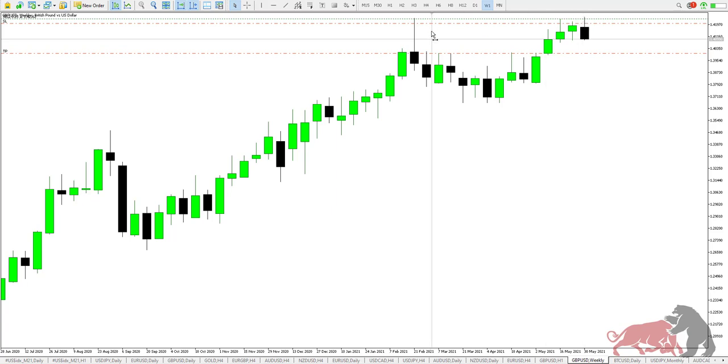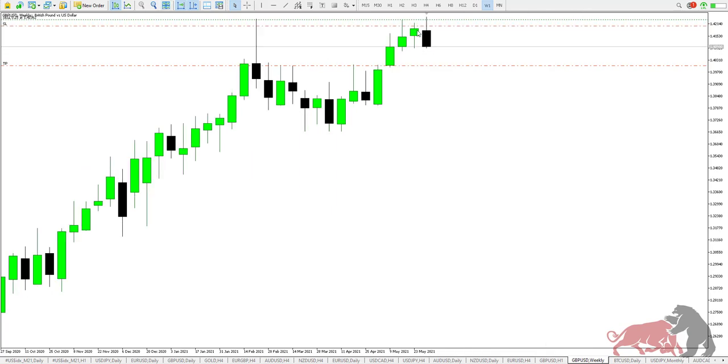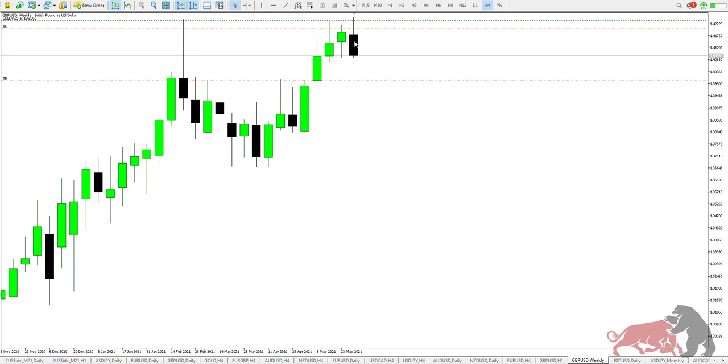And if you watched the weekly video, I did mention that the current weekly candle, by the time I did the video, was green. Then I emphasized that I won't be surprised to see this weekly candle on pound closing bearish, and as of now I'm on track for it to close bearish.